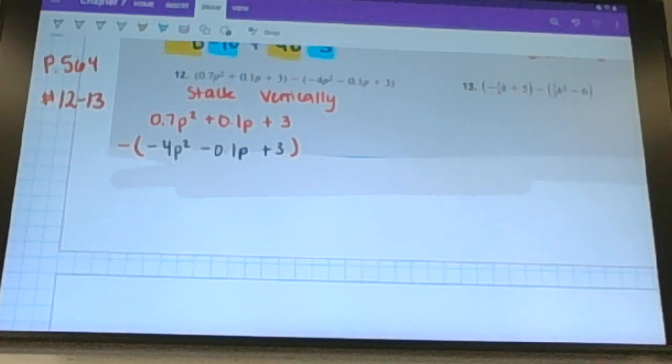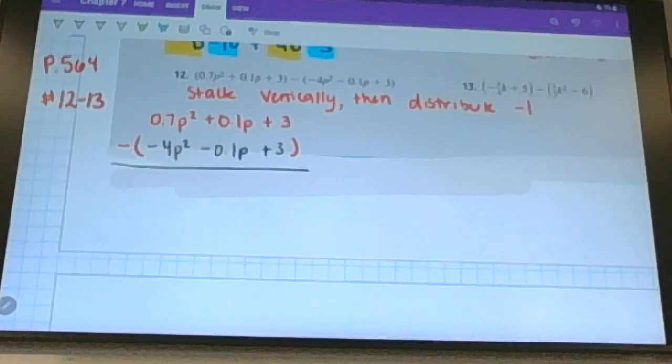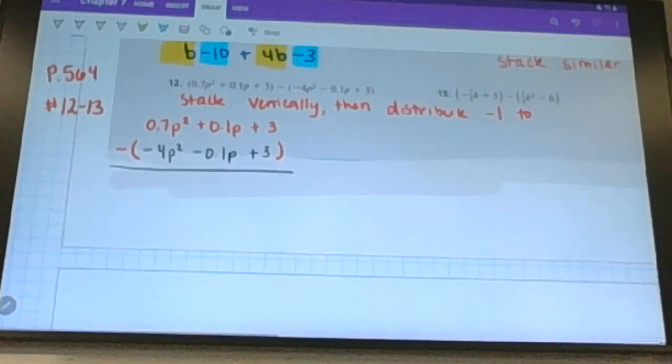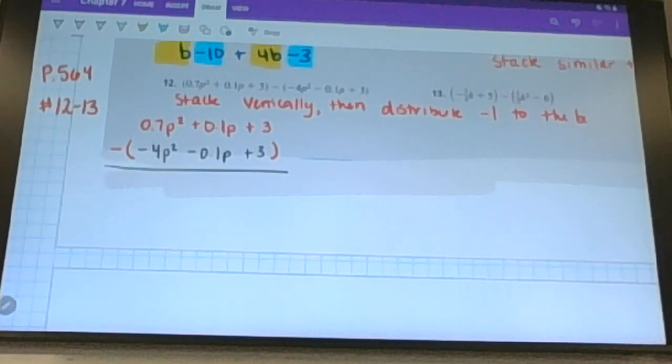So after I stack vertically, then I will distribute negative 1 to the bottom. So I'm going to multiply here, and here, changing all of the signs of the bottom polynomial.